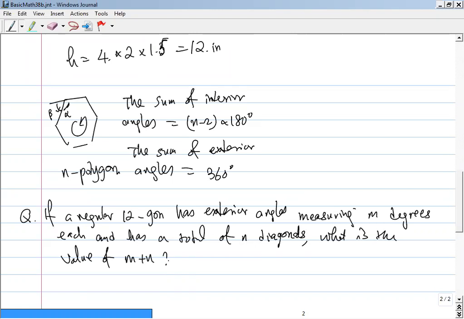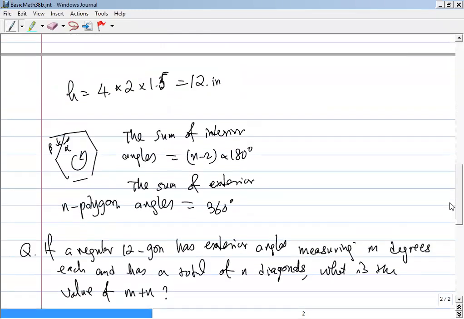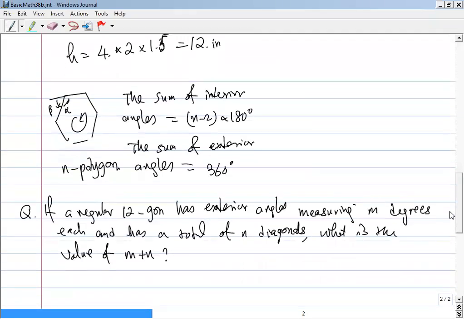Of course, m plus n has no geometric meaning here, but I just want to get one number. So you need to find out m and n separately.